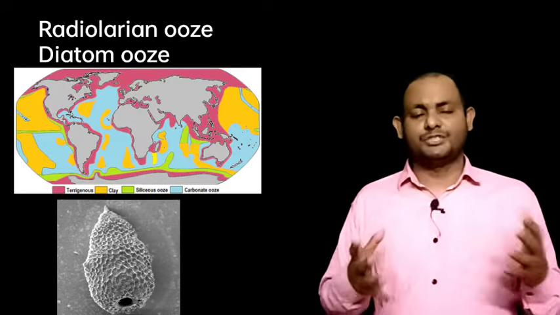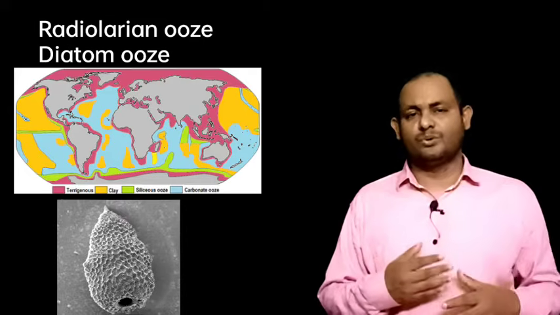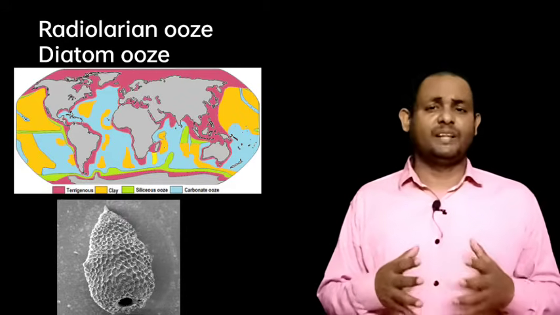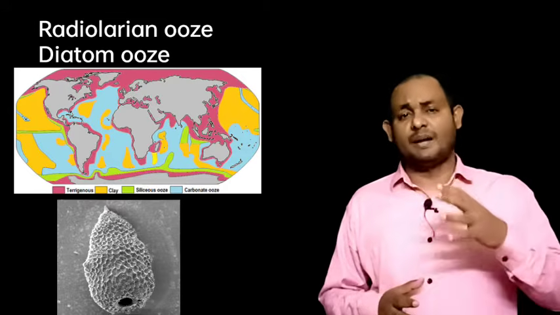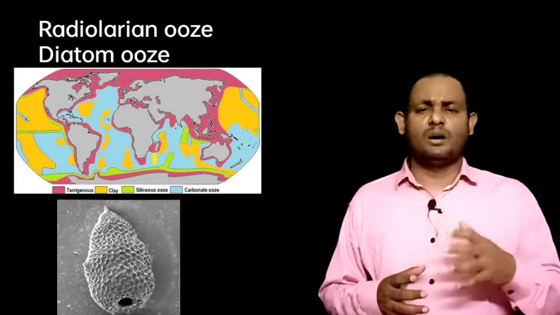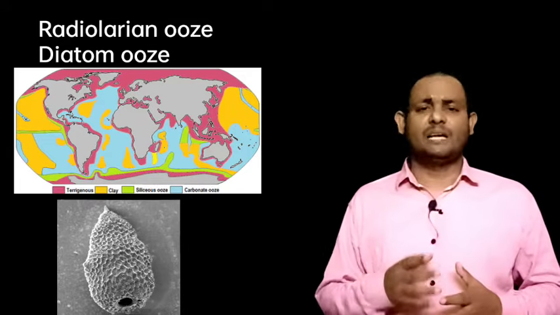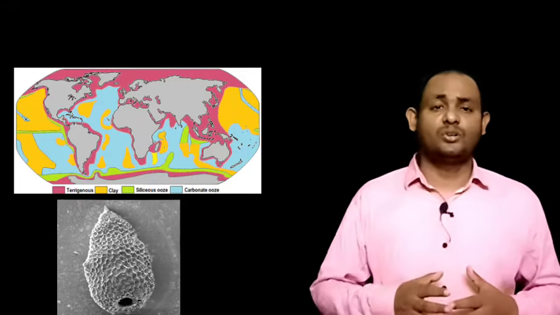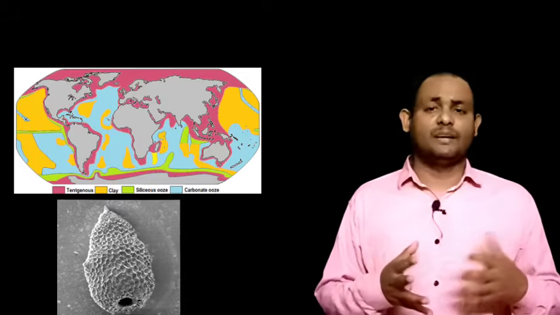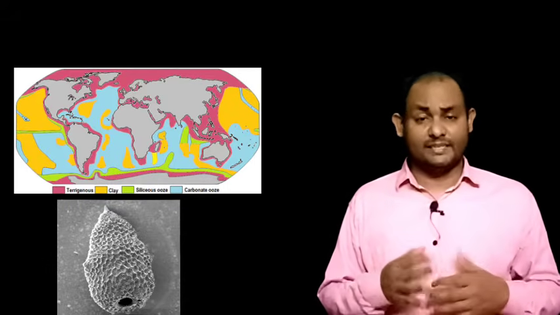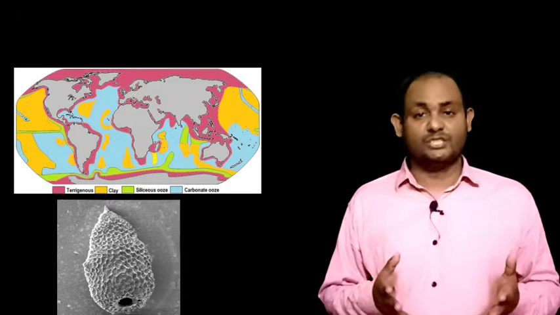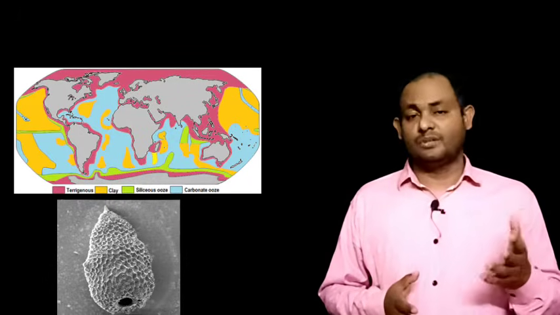It covers a large area in the Pacific Ocean. Diatom ooze is found on the shells of very microscopic plants containing silica in abundance, and it also contains some clay, and calcium content varies from 3 to 30 percent. It is blue near the land, and the color changes to yellow and cream away from the land.